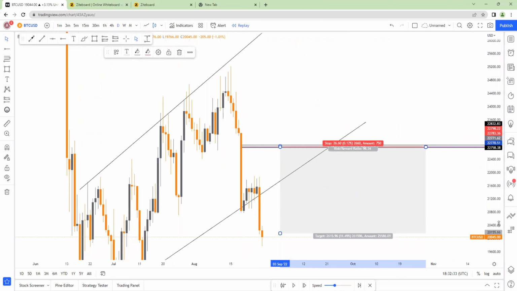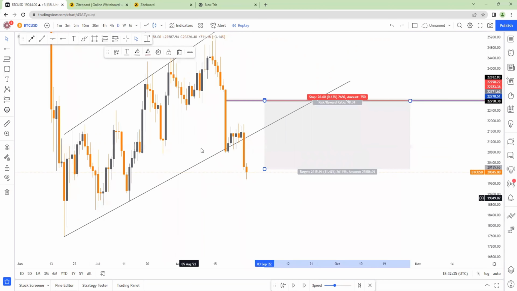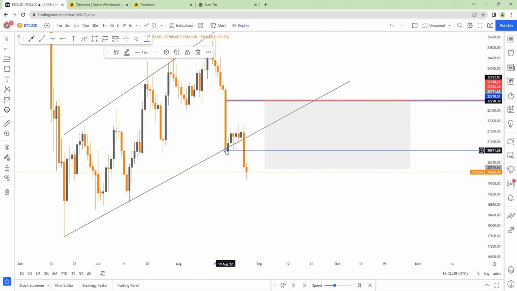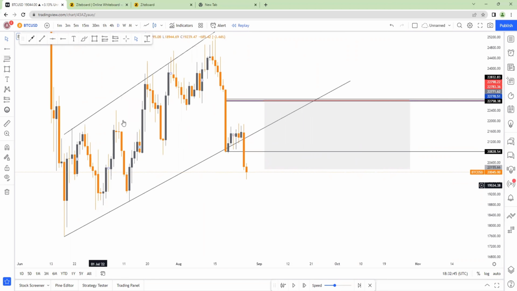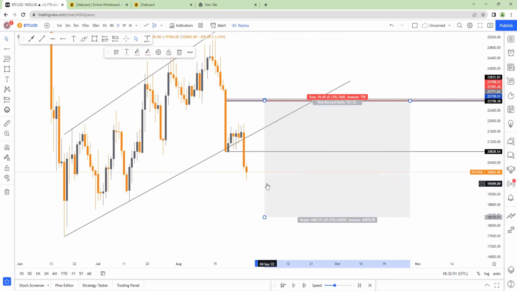So where will be my first target? My first target will be this point down. This is my first target, and my second target. Let's see how price is approaching back to this area.